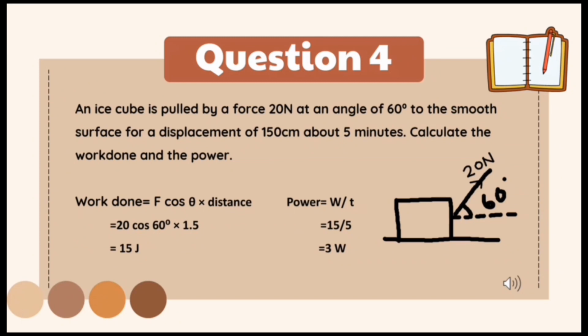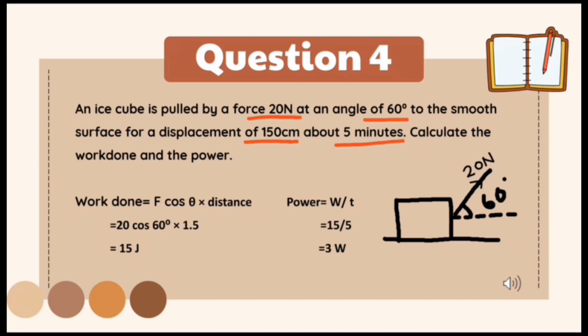This is our last question, which talks about an ice cube pulled by a force of 20 Newton at an angle of 60 degrees on a smooth surface for a displacement of 150 centimeters in about 5 minutes. Calculate the work done and the power.